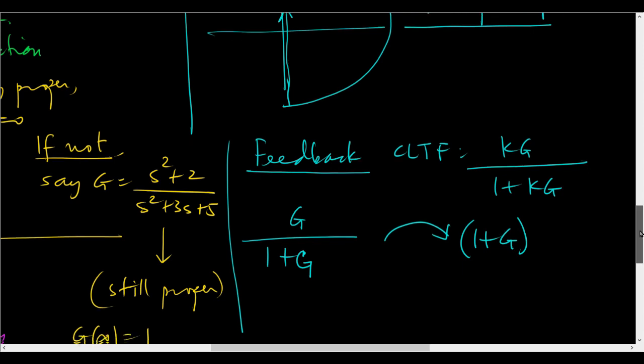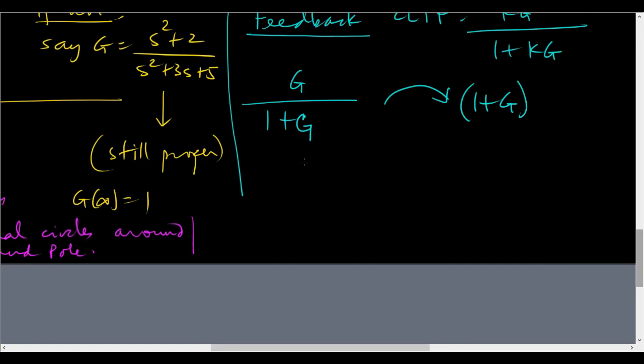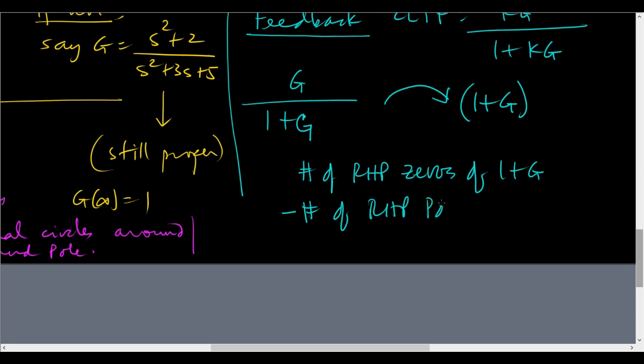But now if we look at it, then the number of right half plane zeros of 1 plus g minus the number of right half plane poles of 1 plus g, if you think about it, is exactly equal to the number of closed loop poles.